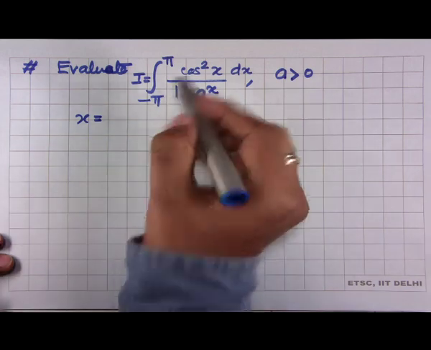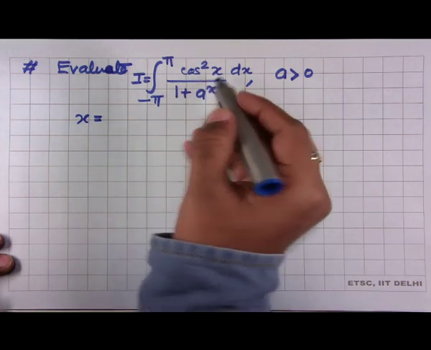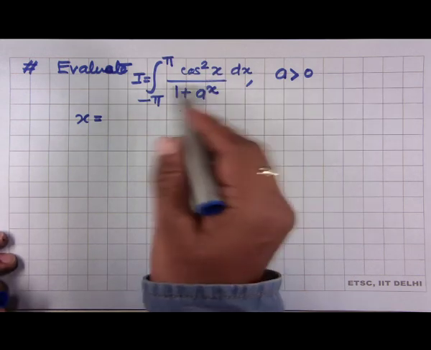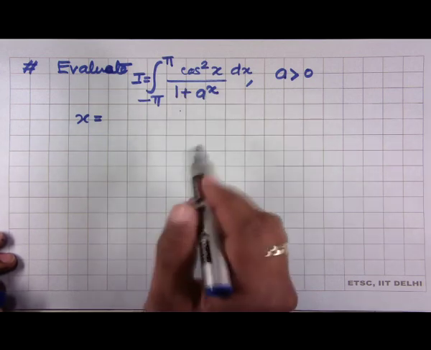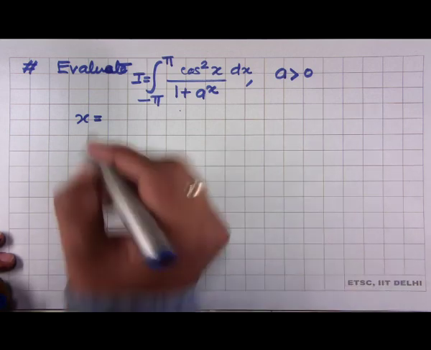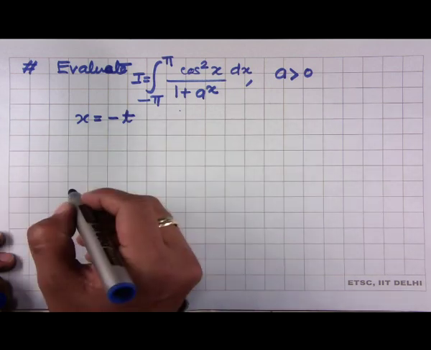Because if we try to apply the formula of even and odd functions, it will not work, because cos square x is an even function, but 1 plus a to the power x does not satisfy either property, so this is not applicable. So what we do, we first replace x by minus t and see what happens.